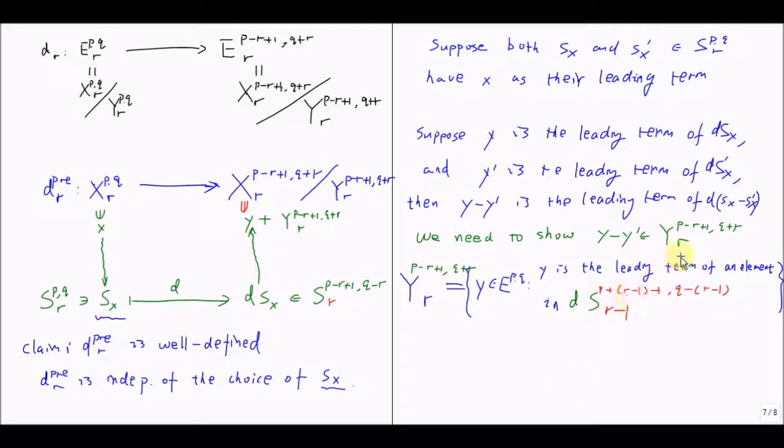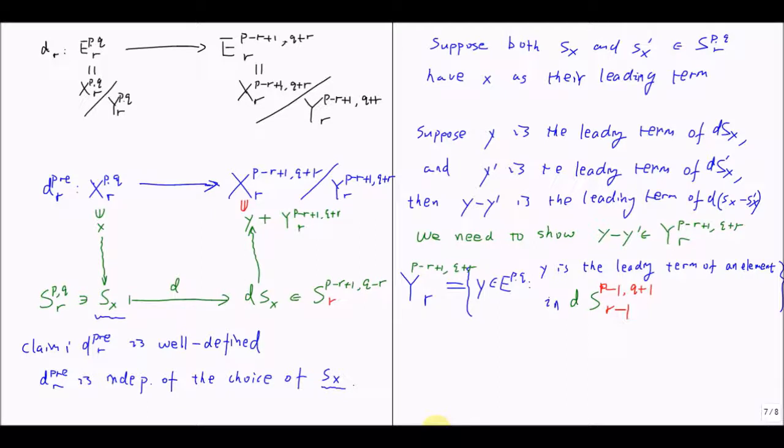We need to replace this p by p minus r plus 1, so this part will become p minus 1. And how about this part? We replace q by q plus r, so this part will become q plus 1. Okay, so this is the definition of Y^{p-r+1,q+r}_r.